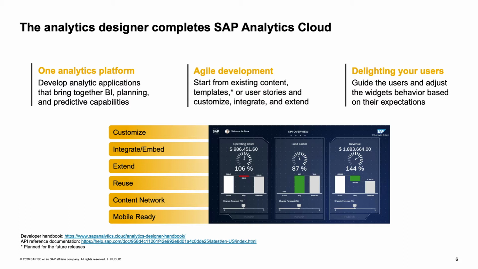And analytical applications are already available with the content network, so we can ship analytical applications within the content network, and analytical applications can also be consumed on mobile devices within the SAC mobile app. So those are the key capabilities of analytical applications.